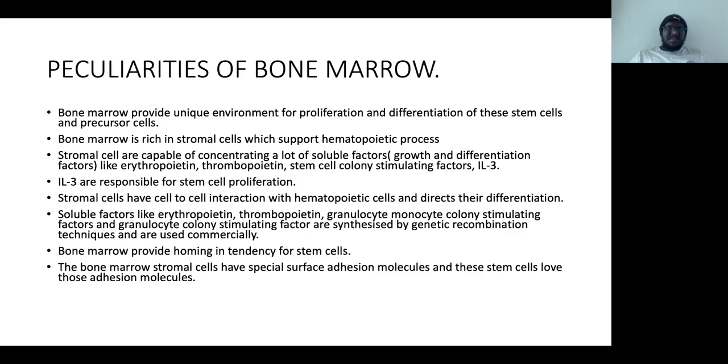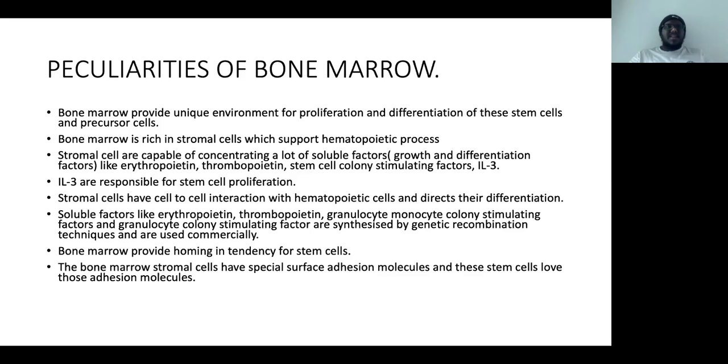IL-3 is responsible for stem cell proliferation. Stromal cells have cell-to-cell interaction with hematopoietic cells and direct their differentiation. Soluble factors like erythropoietin, thrombopoietin, granulocyte monocyte colony stimulating factor, and granulocyte colony stimulating factor are synthesized by genetic recombination techniques and are used commercially.